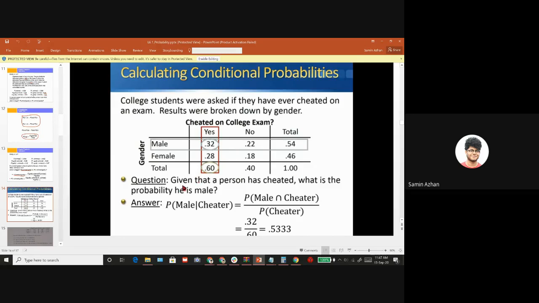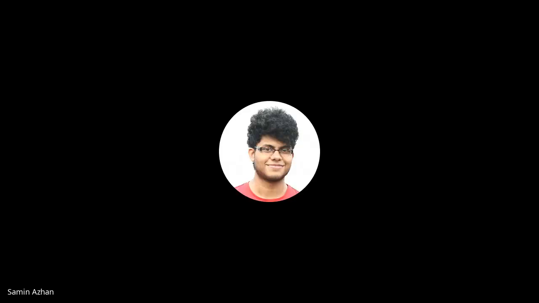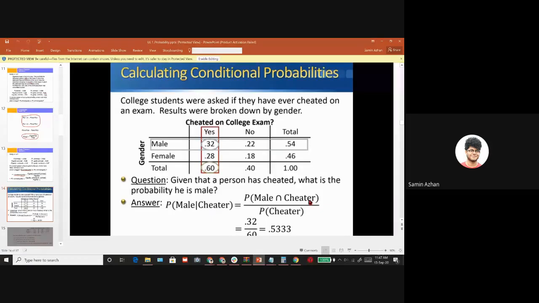So the question here is, given that a person has cheated, what is the probability he is a male? So what we have to figure out is the probability of male given cheater equals true. For this, we can use the conditional probability rule: male and cheater, which is this value right here, male and cheated yes, 0.32, divided by the probability of cheater.